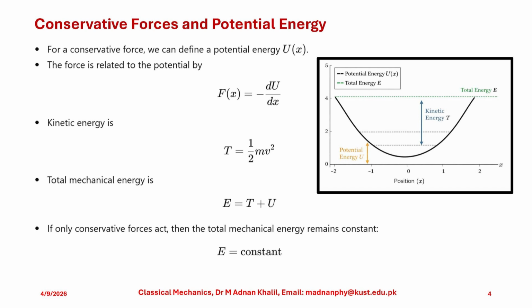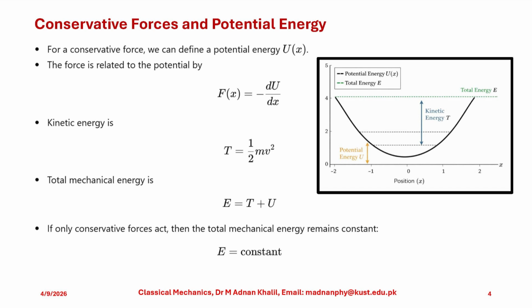Now, for such a system, the kinetic energy is defined as half m v square, and the total mechanical energy is the sum of kinetic energy and potential energy. If only conservative forces act, then the total mechanical energy remains constant. Now, from the figure, it is clear that there is a potential energy curve shaped like a bowl with a horizontal line representing the total energy.